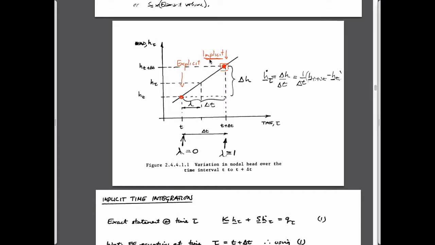Today what I thought we'd do is take the other end of the spectrum. We look at the explicit one by writing a similar set of equations but at a different location, and solve it. There are some intrinsic disadvantages in doing it that way, and some intrinsic advantages, and we'll talk about those. Those advantages and disadvantages divide around this middle point, this 50% mark, where you write the equations at time t plus delta t over 2.